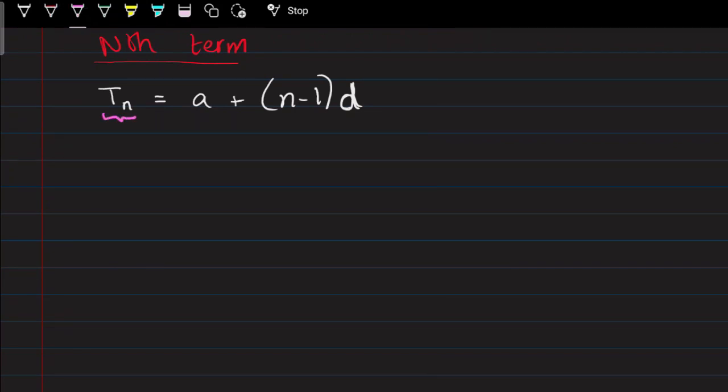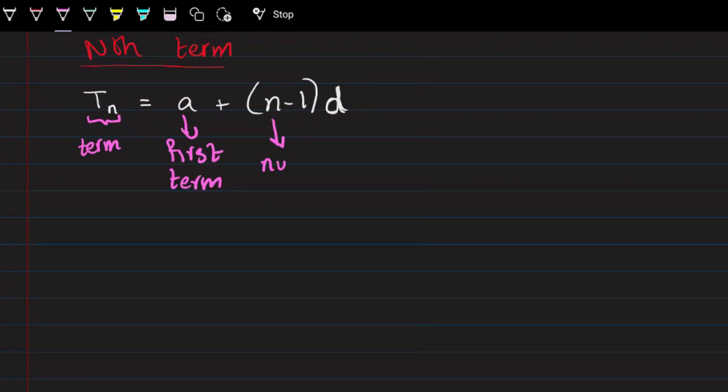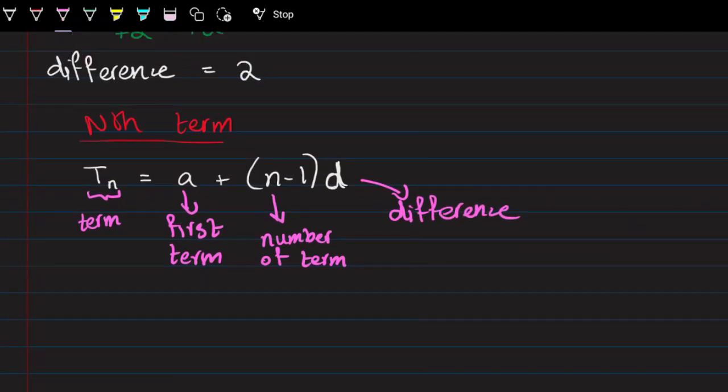So Tn, as you know, is the term that you want to find. A is the first term of the sequence. N is the number of the term. And D is just the difference between two consecutive terms.